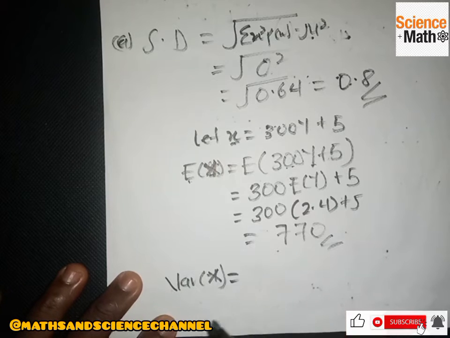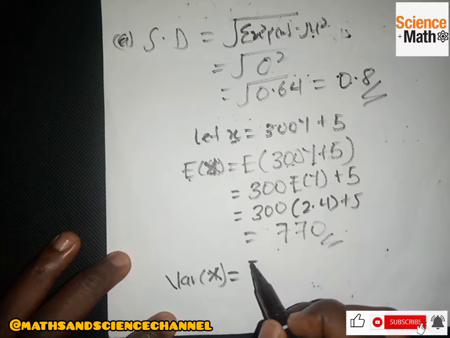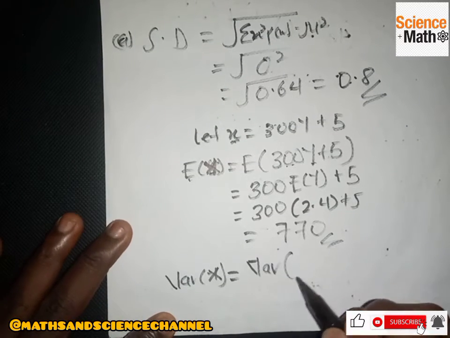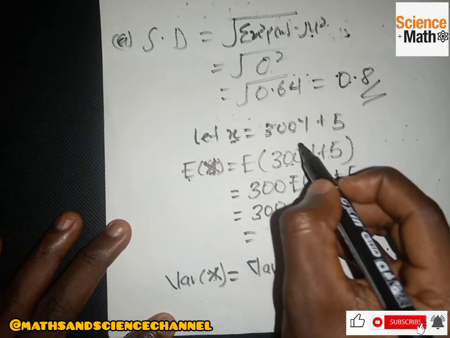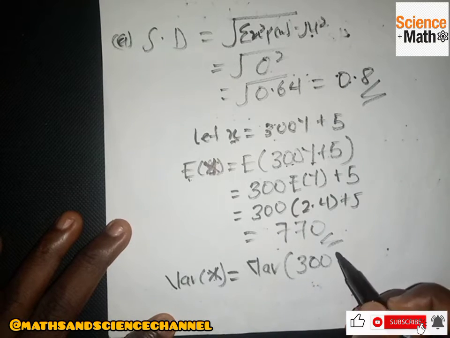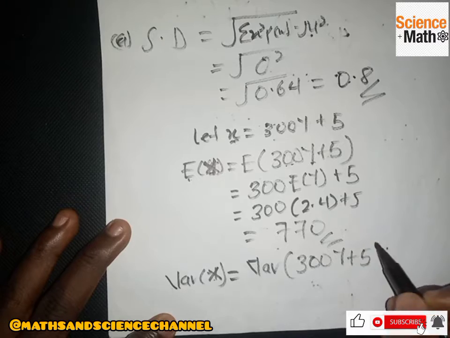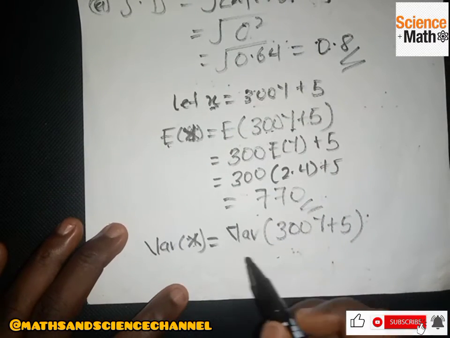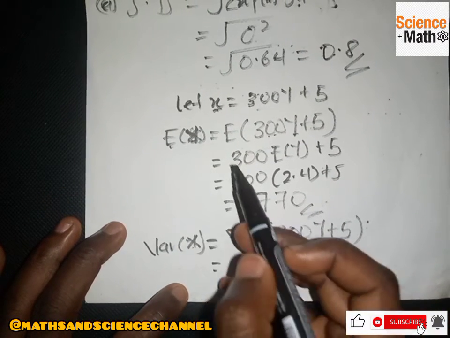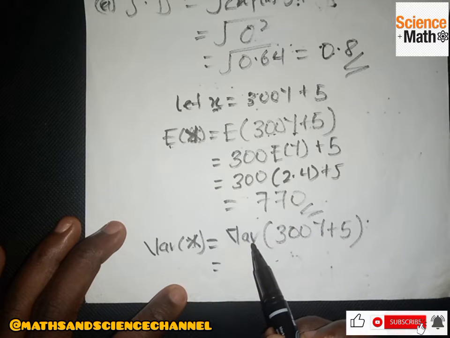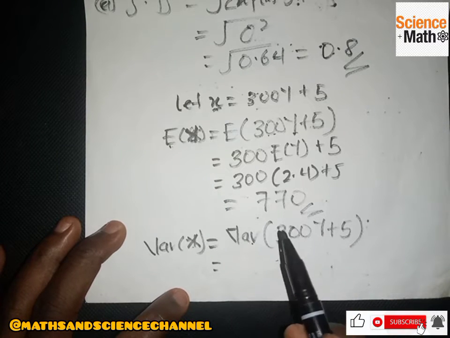Now the next question says what is the variance of x, remember it's x. Okay, so in this case we have the variance of x, which is just what we are given over here, 300y plus 5, right? And then in the case of variance, it is a bit different from expectancy.